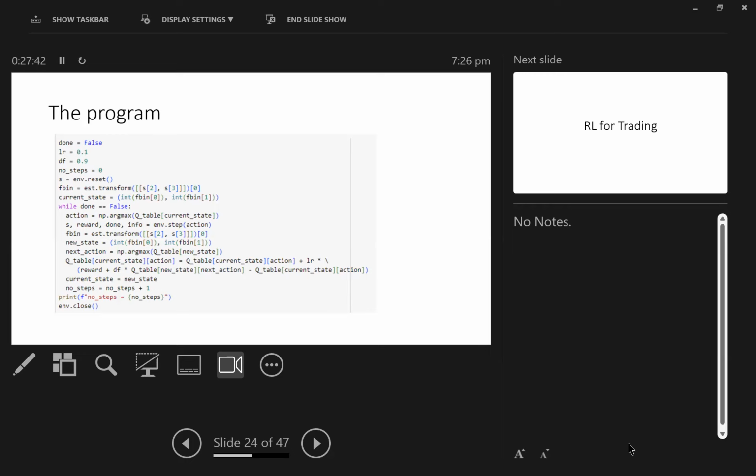Now after that you have the state, and in order to use it as an index, we need an integer, so we just convert that to an integer. When you print it out, they are the same numbers without the floating point. So this is just converted into integer so that you can call it as an index.